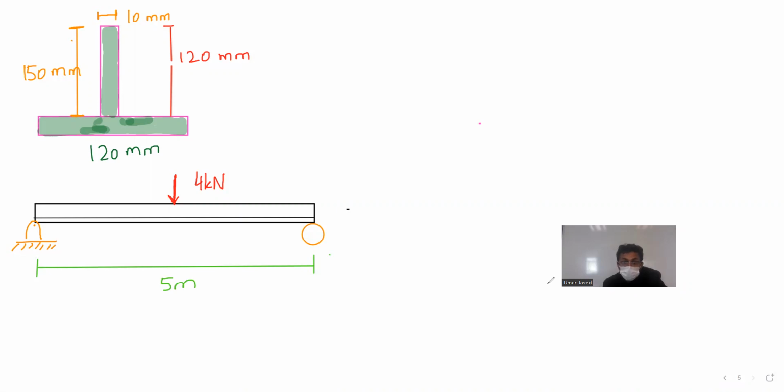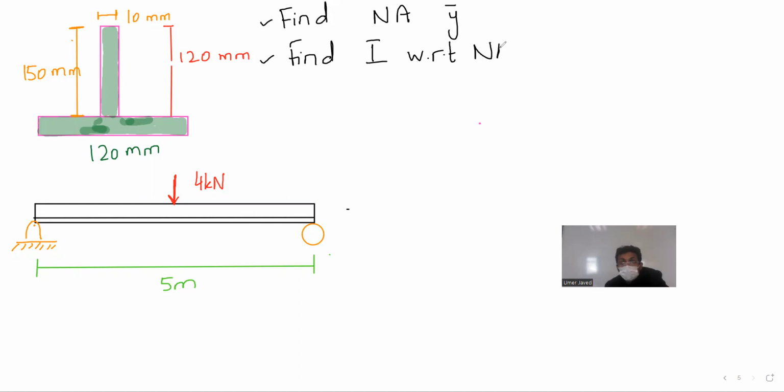Okay, the problem says that you have to find the neutral axis, that is y bar. Then give me the moment of inertia with respect to the neutral axis, right?